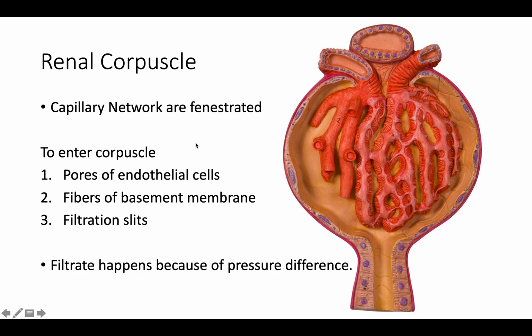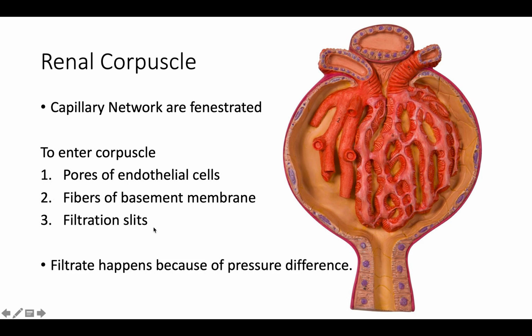What that means is it's going to force the liquid through these microscopic holes, a kind of filter system, and collect it. To enter the corpuscle, the filtrate passes through pores of the endothelial cells lining the capillaries, so we know they're endothelial, then the fibers of the basement membrane and filtration slits.